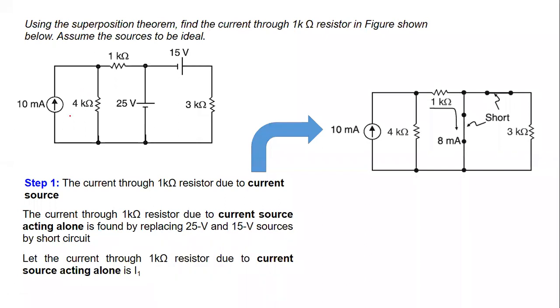First of all, we will find out the current through this particular 1 kilo ohm resistance because of this 10 milliampere source.